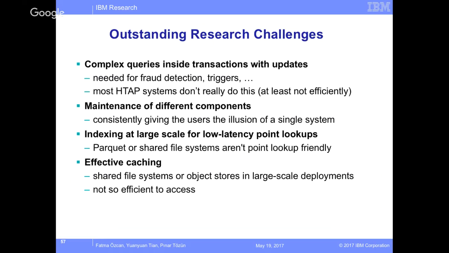We saw different options for indexing, but if you have a system that keeps data in Parquet format on a shared file system or on an object store, doing efficient access to these things is still not that possible, especially if you want point lookups with low latency. This is again not a solved issue yet.